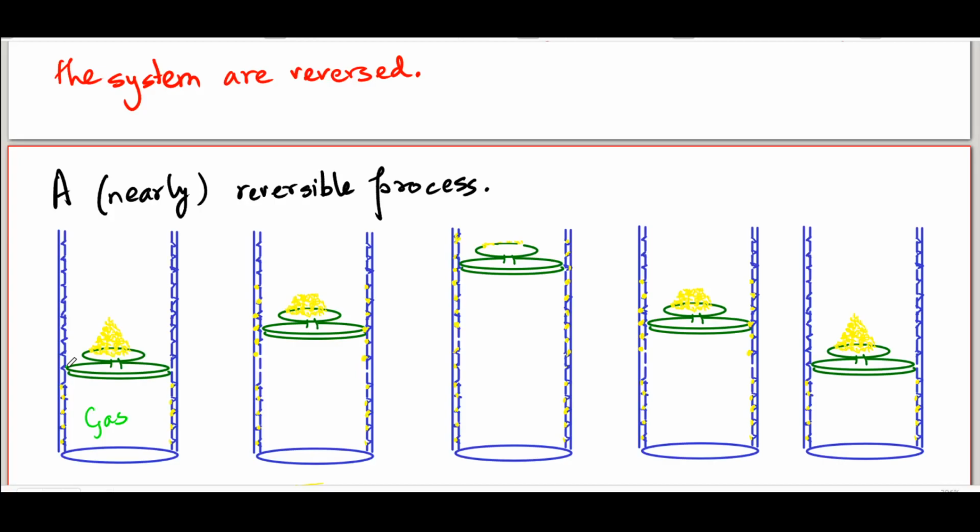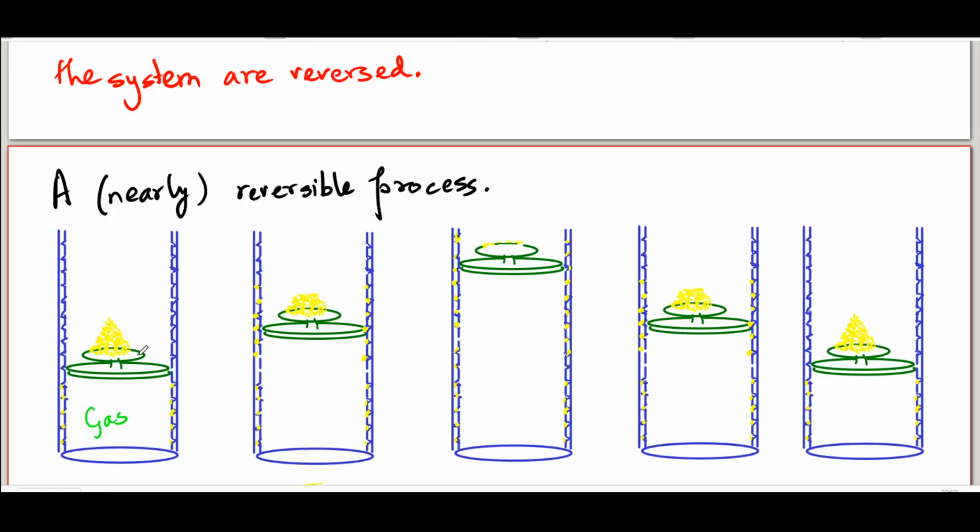Then what will happen is the force balance will be disturbed a bit by a very tiny amount. The pressure of the gas inside will be larger by a very tiny amount, so the piston will move up very slightly. Note that this movement is occurring so slowly that we can assume that the system is almost at equilibrium.